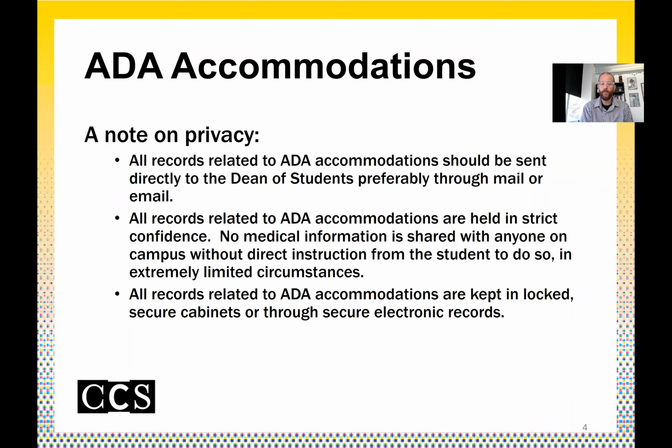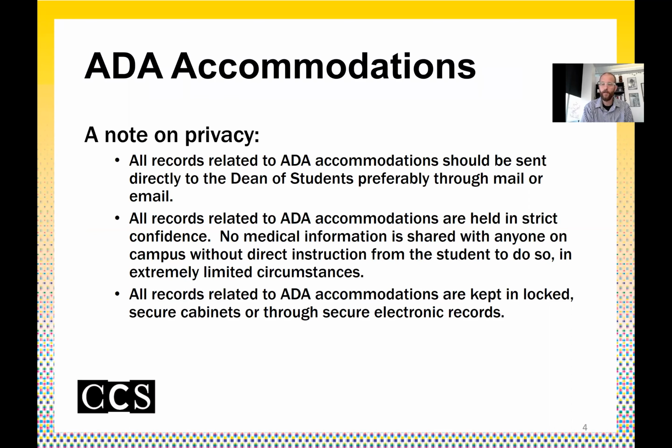As a note on privacy, ADA records are considered extremely private. All records related to ADA accommodations should be sent directly to the Dean of Students, preferably either through mail or email. Fax is available, but we would prefer that it comes either in standard mail or through an email directly to myself. All records related to ADA accommodations are held in strict confidence.